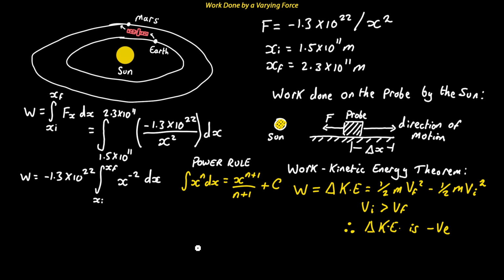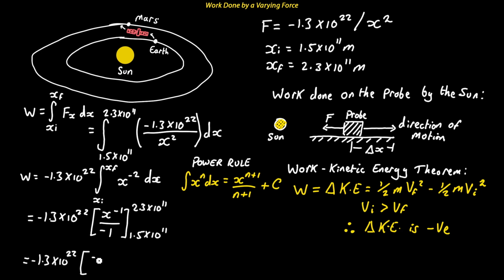But when we integrate x to the power of negative 2, we add 1 to the power, so it becomes x to the minus 1, and then we divide it by minus 2 plus 1. And we end up with negative 1 divided by x. And we place this in square brackets here.